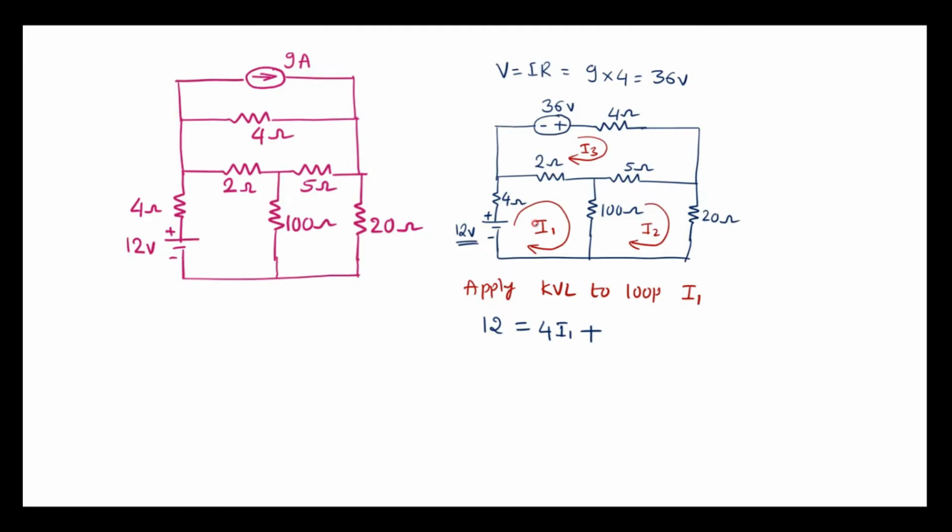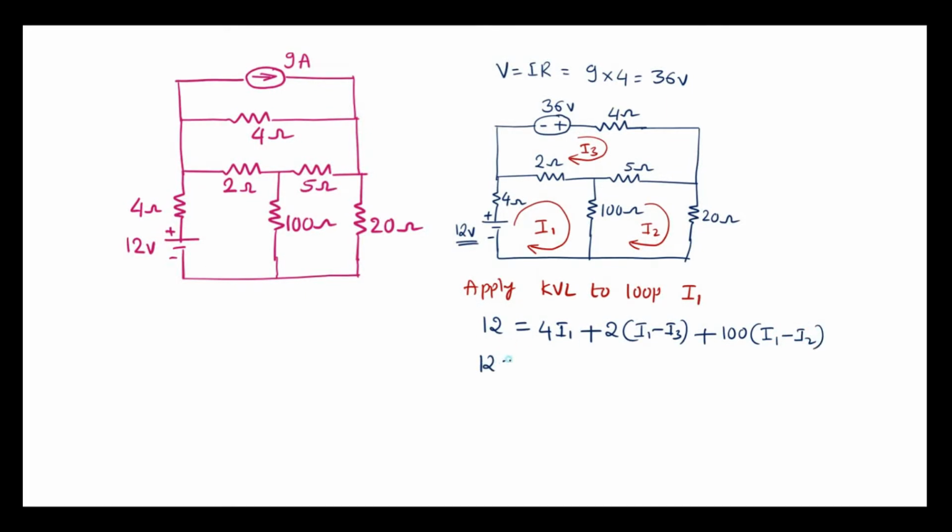Here current I1 is flowing opposite to current I3. So I can write 2 into I1 minus I3, because in 2 ohm resistor both I1 and I3 are flowing. Then current flows through 100 ohm resistor. In 100 ohm resistor both I1 and I2 are flowing. So the voltage across this is 100 into I1 minus I2, as I1 and I2 are opposite to each other. As we are in loop I1, we should write I1 minus I2.